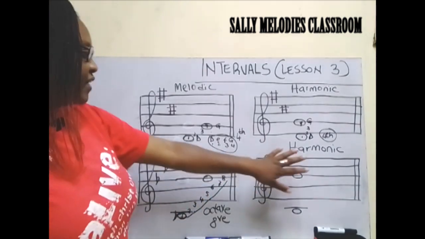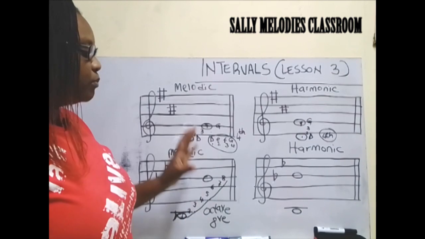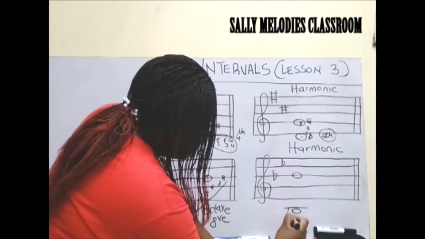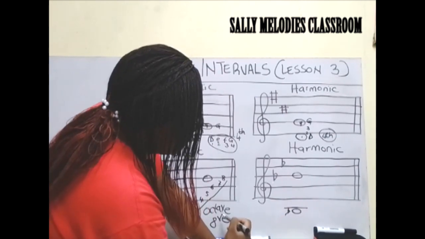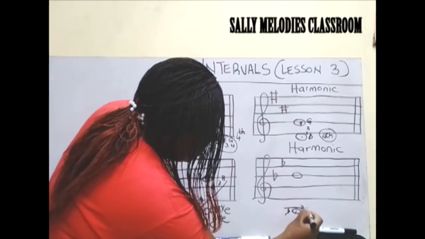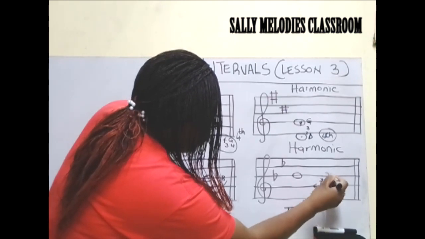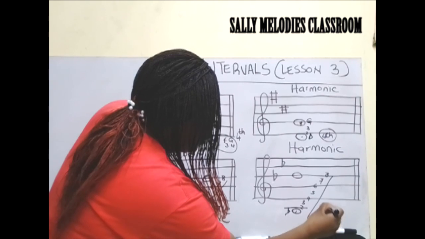Now on the other side, this is B flat and this is B flat. So 1, 2, 3, 4, 5, 6, 7, 8. It is also an octave.